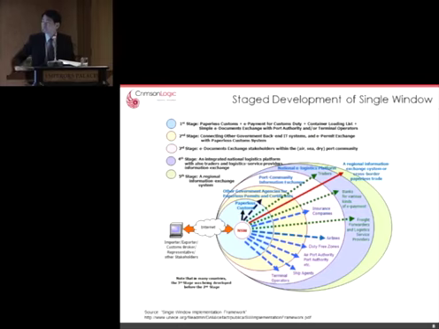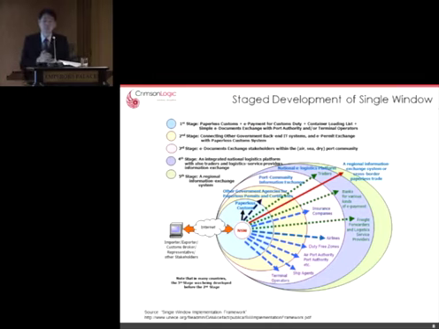And actually, UN recognizes this. In fact, the UN Network of Experts for Paperless Trade, which is the UN NEXT, came out with this diagram, which gives a rough stage development of a single window, where at the beginning, it's basically a customs automation system with e-payment and electronic submission, which then expands to some OGAs, a handful of them, which then expands to banks, and then expands to more OGAs.